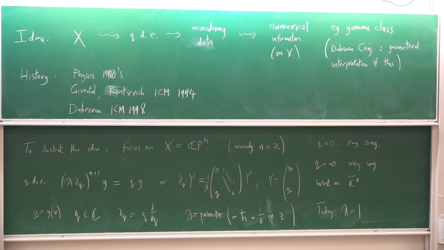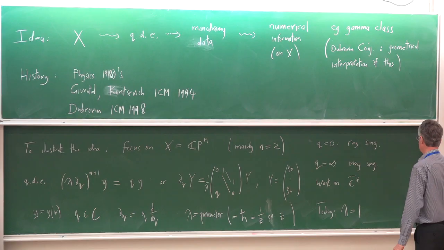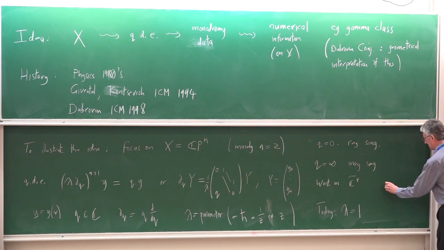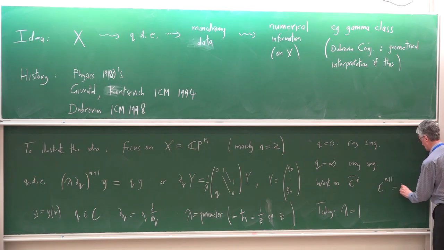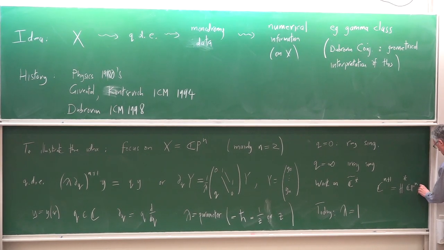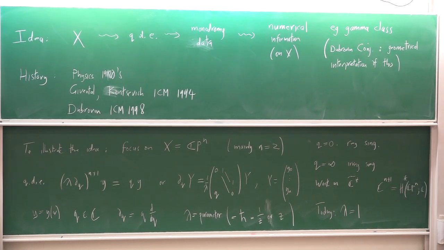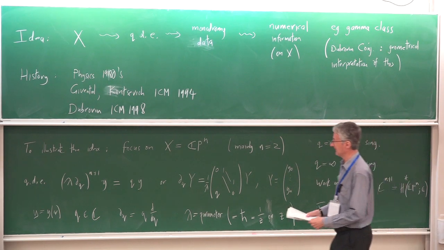And why is it the quantum differential equation of CPN? Well, because the vector space C^n we are regarding as the cohomology of CPN. I want to always use complex ODE theory, so it's cohomology with complex coefficients. So that's the example, which is a well-known example.